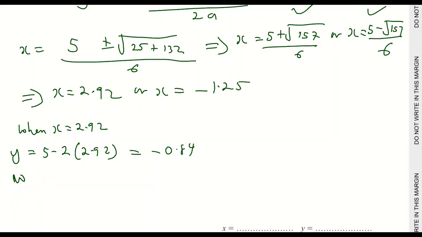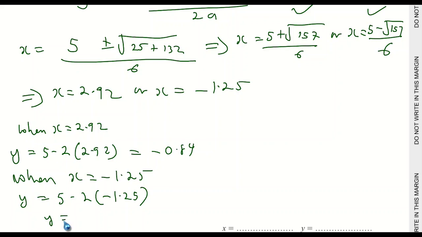Okay, so when x equals negative 1.25, y equals 5 minus 2 into minus 1.25, and y equals 7.5.